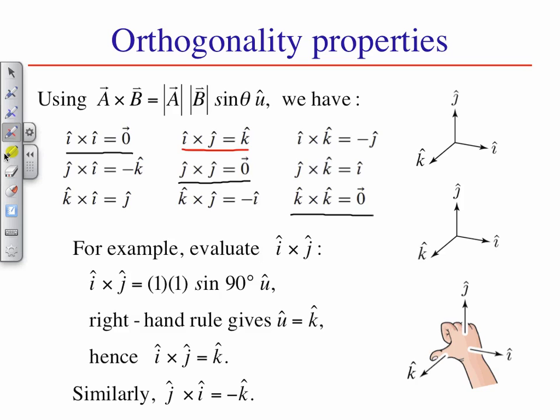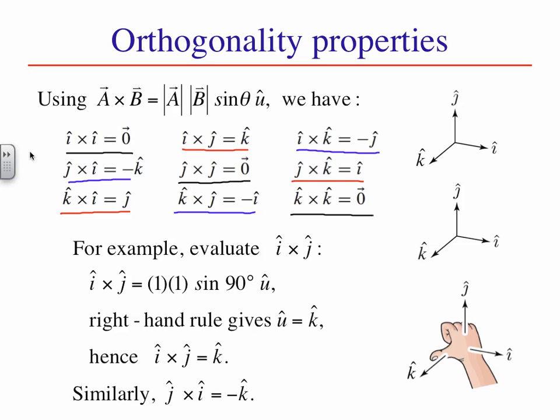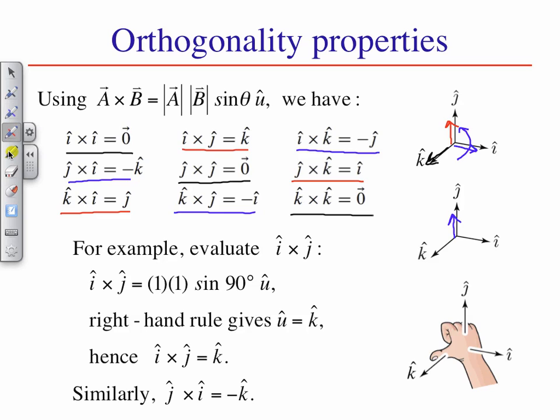Half the operations are positive and half the operations are negative. As an example, i crossed into j produces unit vector k, but j crossed into i produces unit vector minus k.